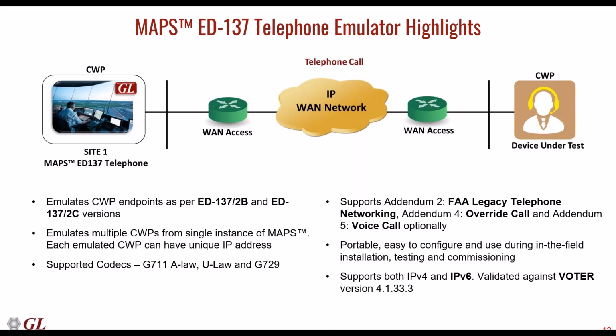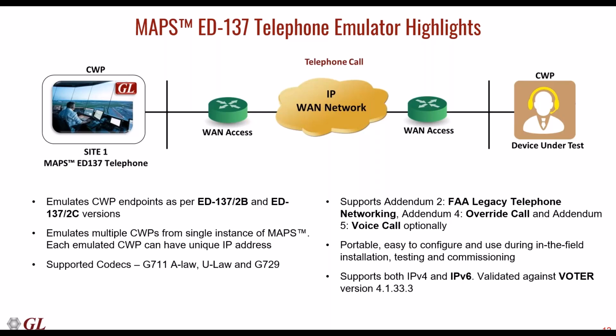We can again simulate hundreds of controller working positions. Apart from that, the telephone specification also has some addendums. There are 8 addendums, out of which we support FA legacy telephone networking and override calls, voice calls.